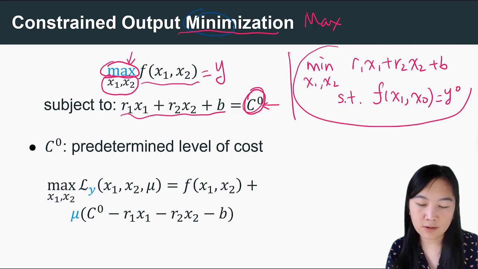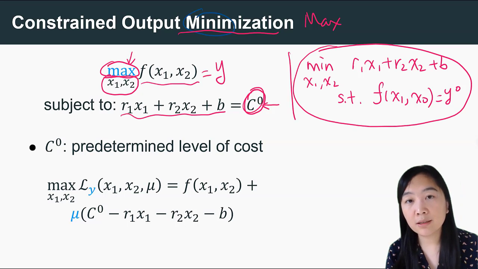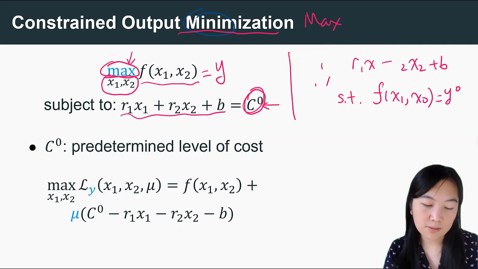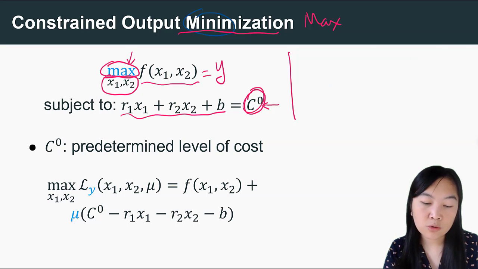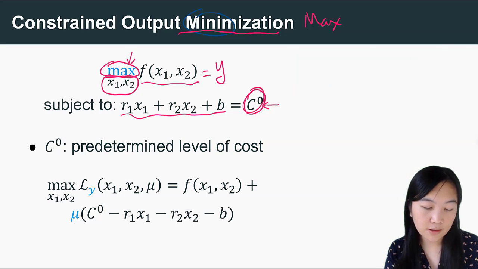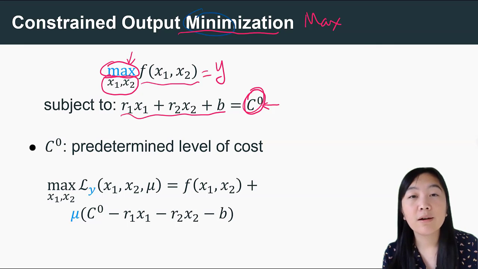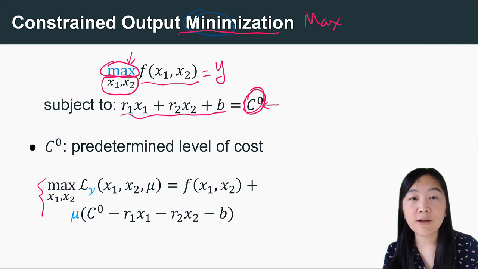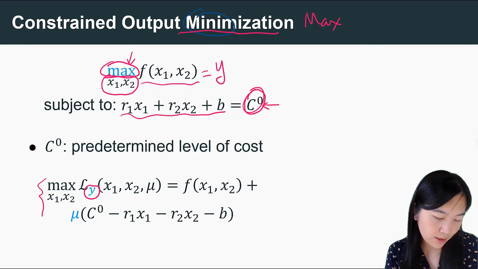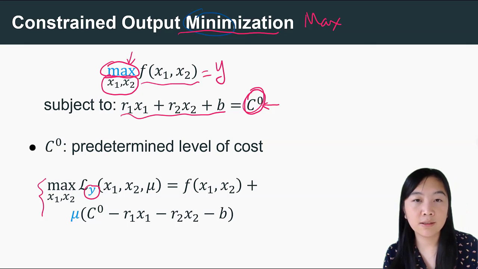We have already shown the solution to that cost minimization problem, and the condition is that your input price ratio should equal the ratio of the MPPs. Now let's work on the output maximization problem. First, let's write down the Lagrangian function, and I put a subscript Y here to differentiate it from the cost minimization problem.